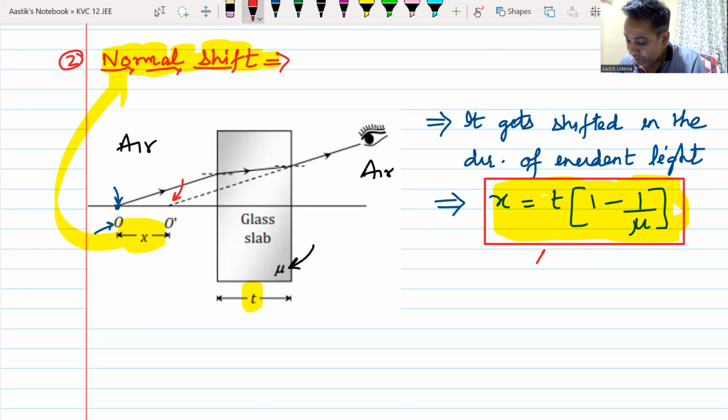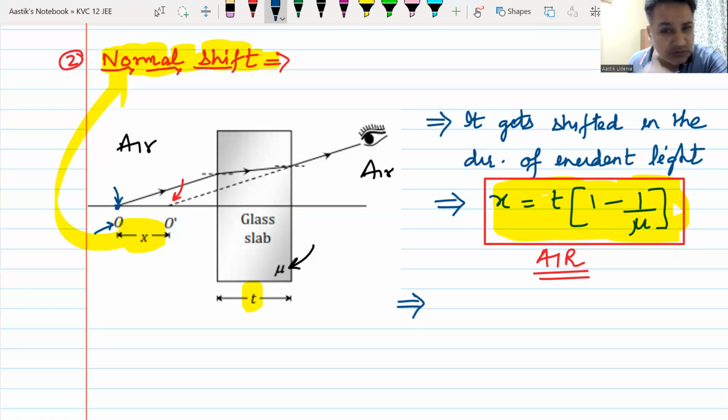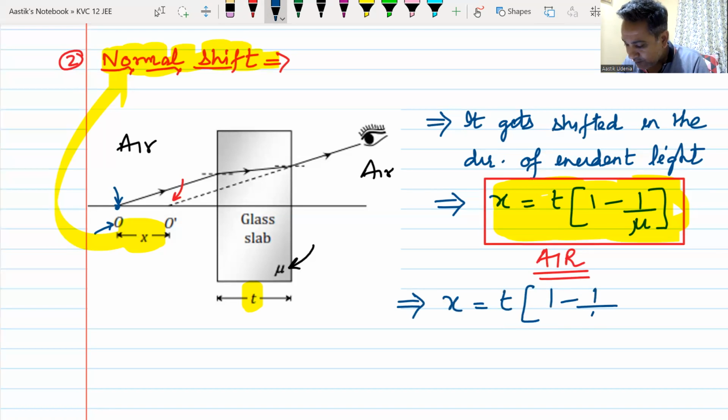Remember, in refraction, we may have other mediums also coming. Now, the second formula that I'm going to give is what will happen if it is surrounded by some other medium which is not air. In that case, your X becomes T into 1 minus 1 by mu R. What is this mu R, my dear friends?